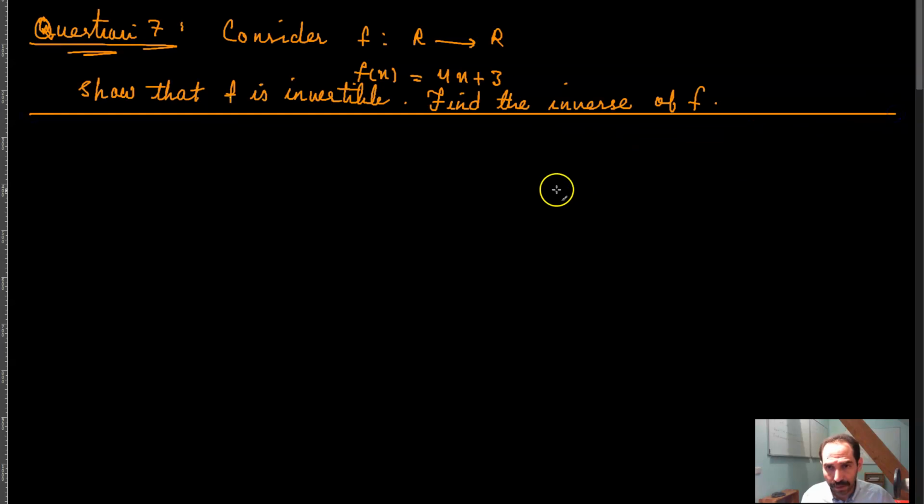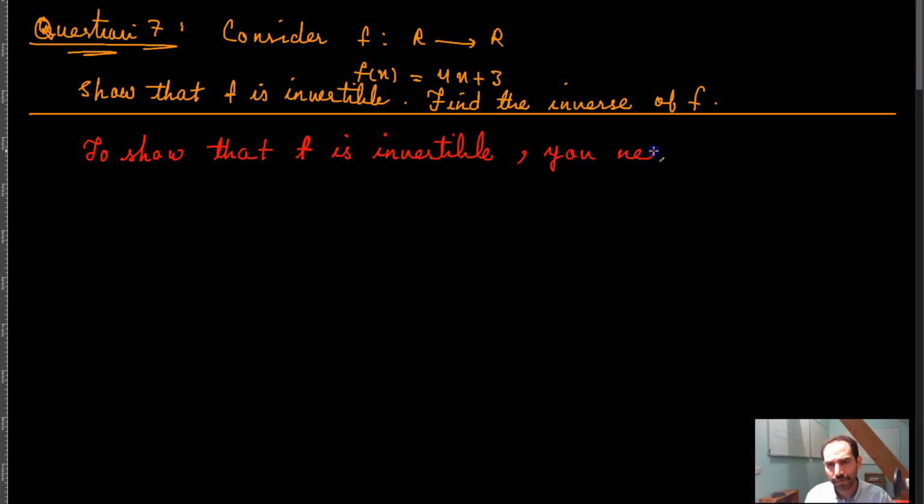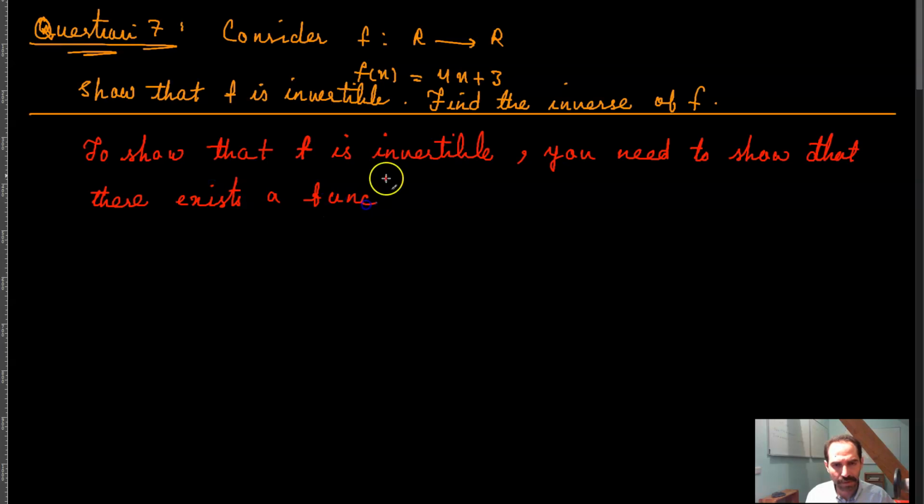Okay, now in order to solve this problem, to show that f is invertible, you need to show that there exists a function, for example g from R to R. Of course you have to swap the codomain and the domain, but in this case they are the same set, so you would get the same thing.